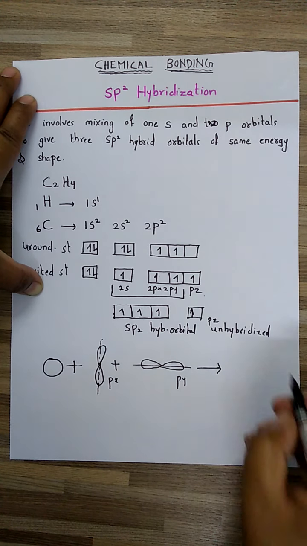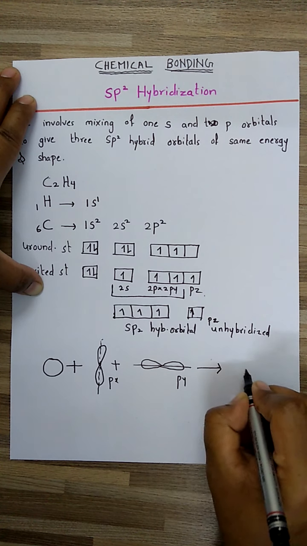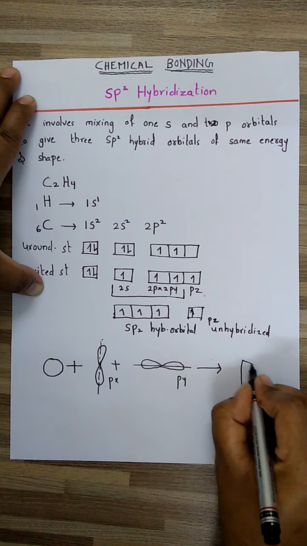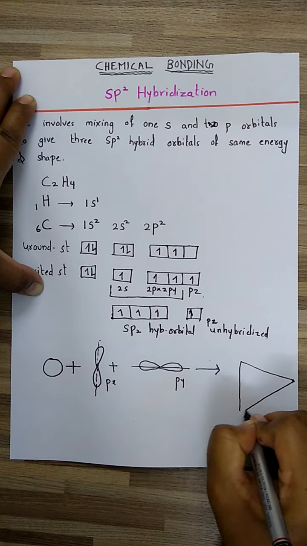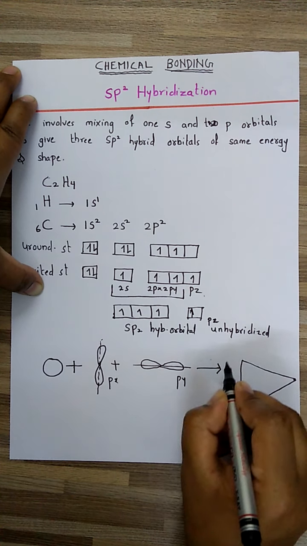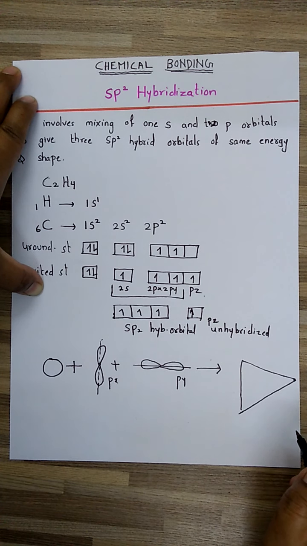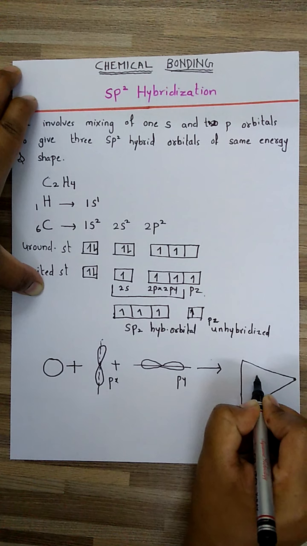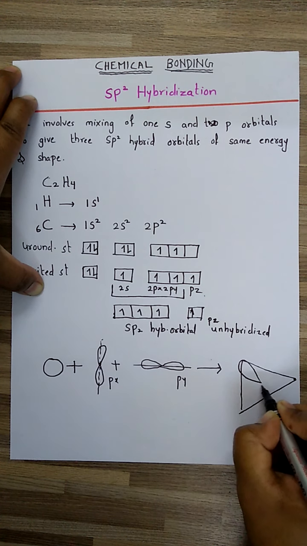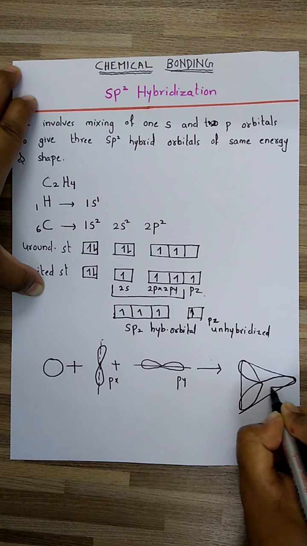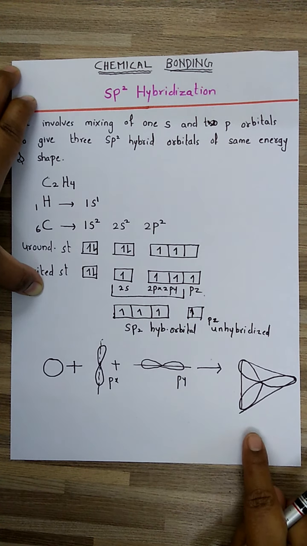A new kind of orbital, in which you will find that we have an equilateral triangle like this. It is on the same plane, and these orbitals lie on the same plane. So we'll say that we'll have three new hybrid orbitals which are in the same plane, giving rise to trigonal geometry.